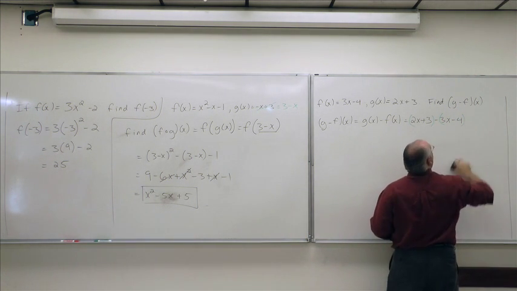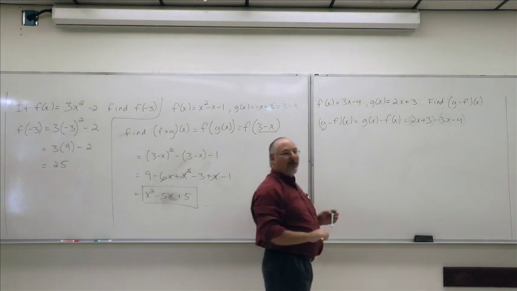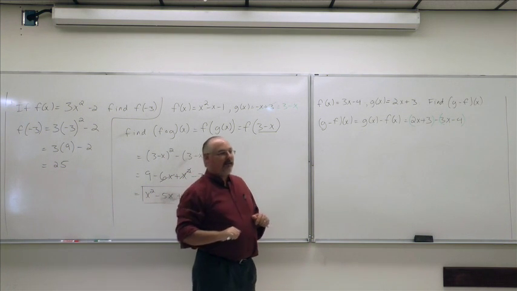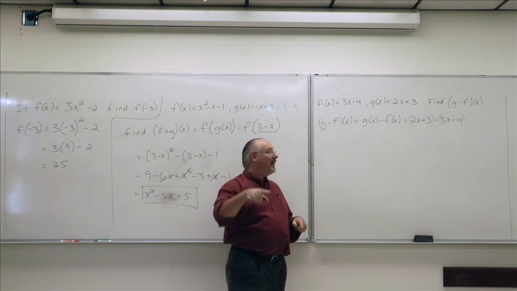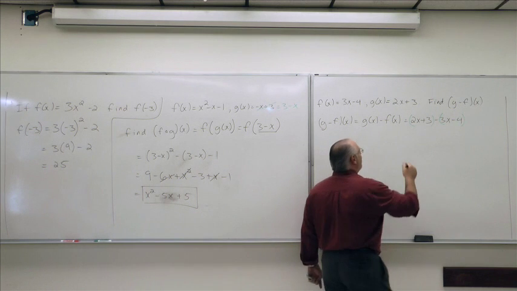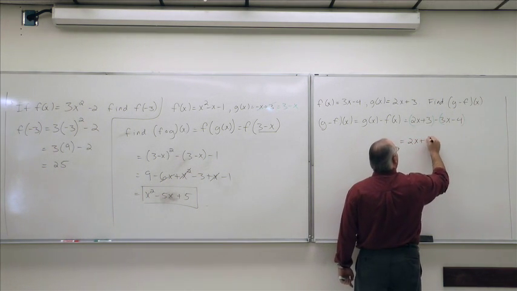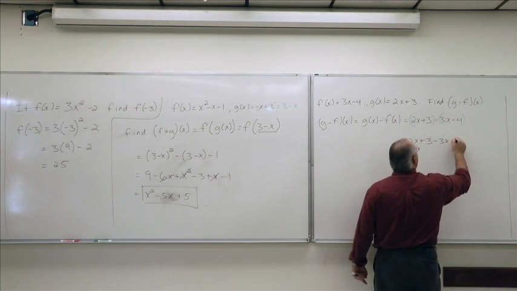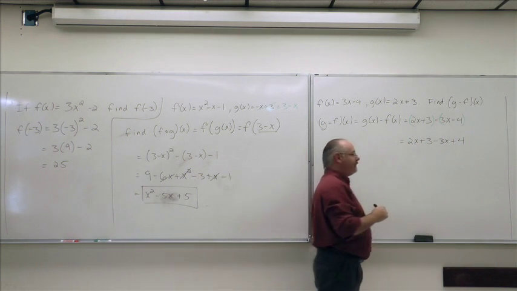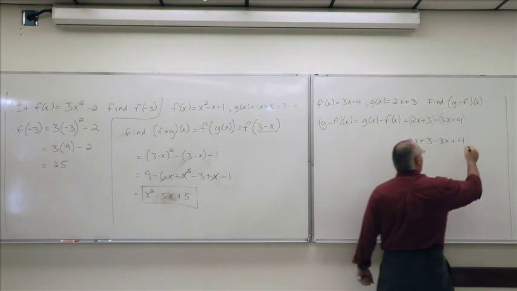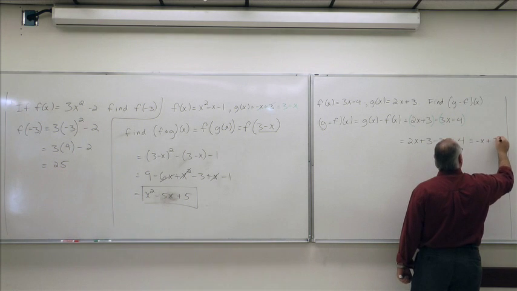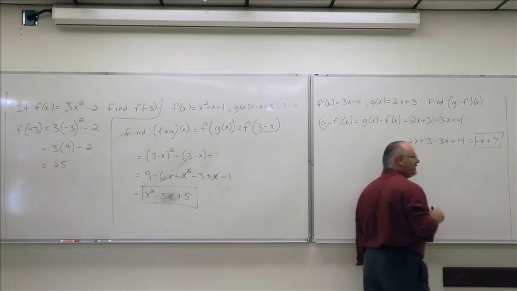So distribute the negative correctly. And for all of you and everyone watching on the internet, I did that on purpose. So this is 2x plus 3 minus 3x plus 4, which is going to be negative x plus 7. And that's the correct answer.